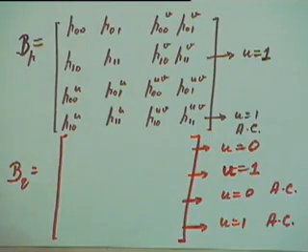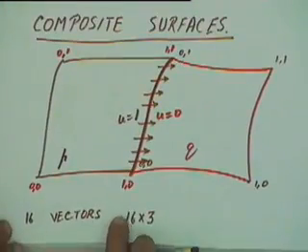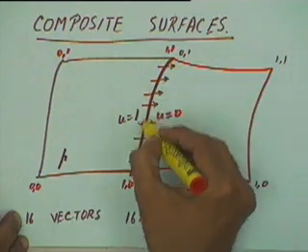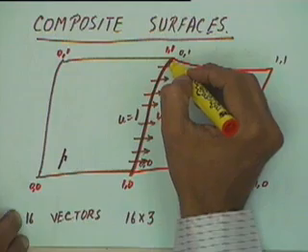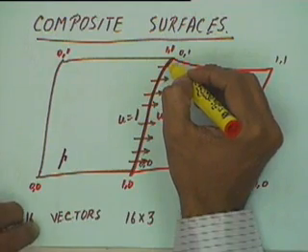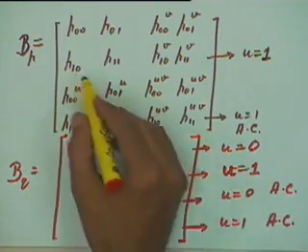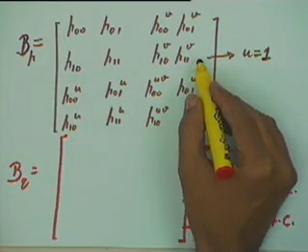Now to ensure a C1 continuity, the u equal to 1 curve for P and the u equal to 0 curve for Q have to be identical, which means this first row has to be the same as this row.